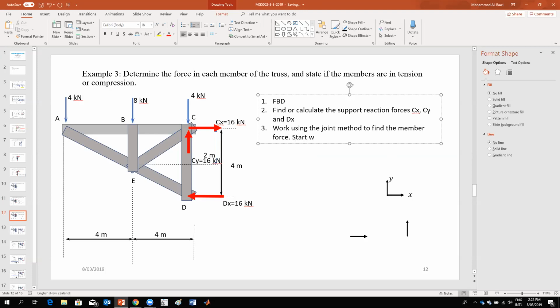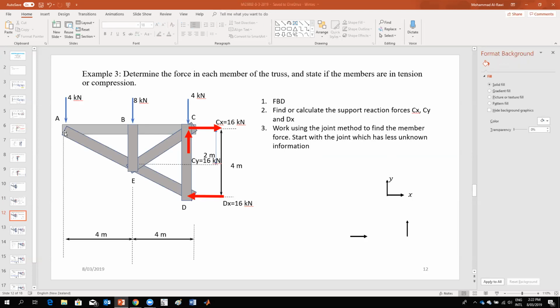Start with the joint with fewer unknowns. Start with the joint which has less unknown information. So it's kind of an idea, I'm thinking out loud.